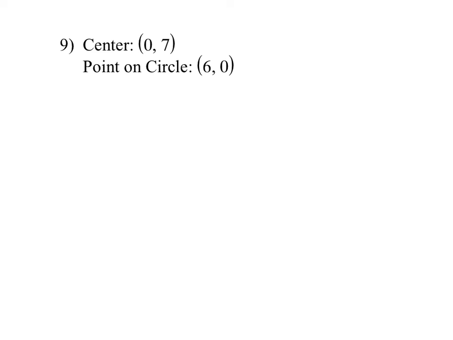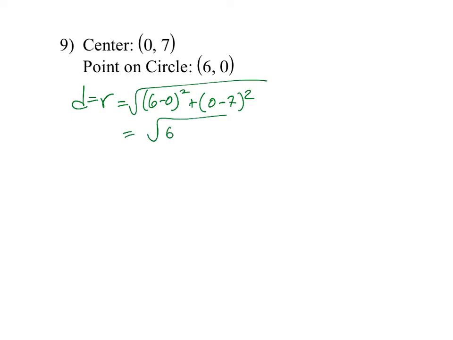Now I have the center of the circle and I have a point on the circle. So that means that I need to find just the distance so I can find the radius. So here my radius is going to be 6 minus 0 squared plus 0 minus 7 squared. So I have 6 squared plus negative 7 squared.